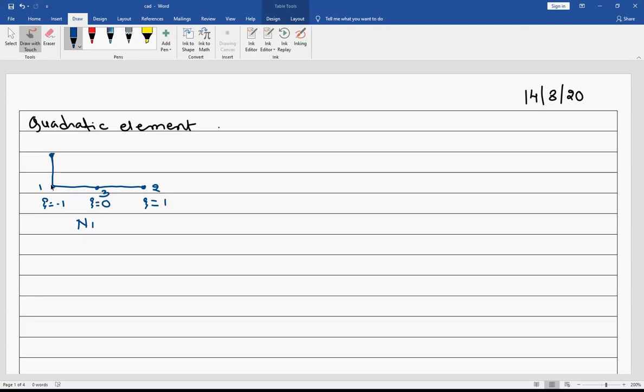So N1 at node 1 is always 1, and we are aware of N1 at other locations. Just let me know what is the value of N1 at other locations. Could you recall? What is going to be N1 at 3 and N1 at 2?